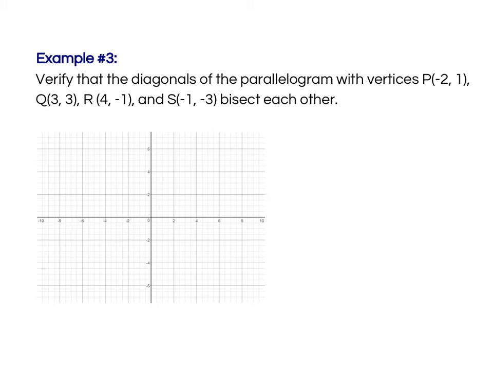Okay, so we're going to get to a different type of question that is a little bit more involved. It says, verify that the diagonals of a parallelogram with vertices, and they give us the vertices, bisect each other. Now there are a lot of words there, like parallelogram and vertices and bisect, and diagonals.